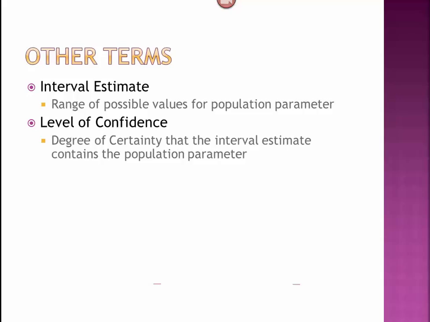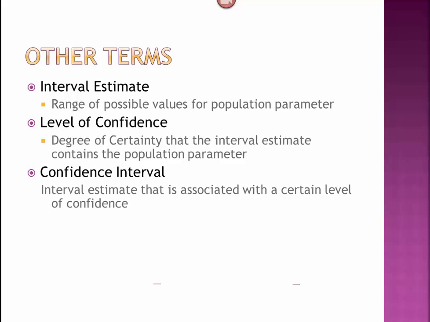It's actually very calculable and is based on some of the concepts we learned in the last section. Putting those two things together, we have what's called a confidence interval. So remember that a confidence interval is taking those two ideas, a level of confidence and an interval estimate, and putting them together. It's an interval estimate that's associated with a certain level of confidence.